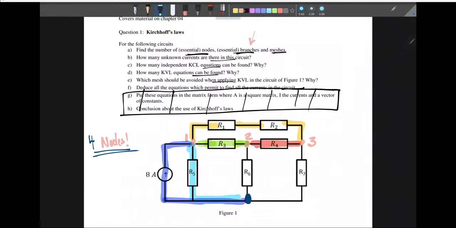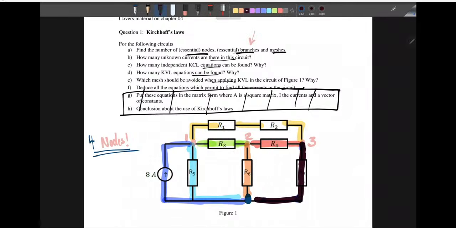Then we are going to have here in orange as number 6. Then we can have 1 here as number 7. I need a different crayon color here. Here we have the 7 branches.